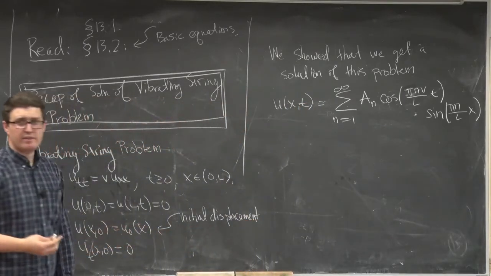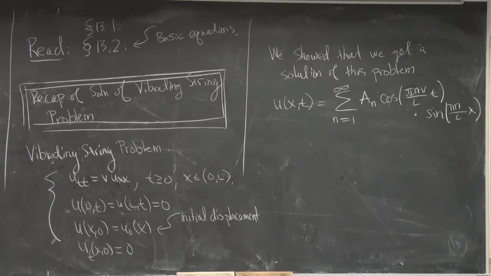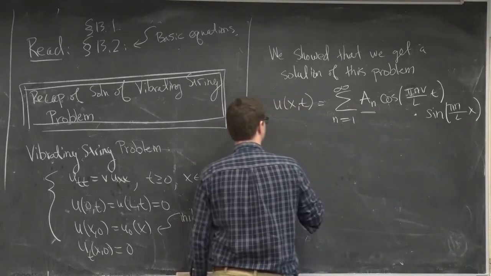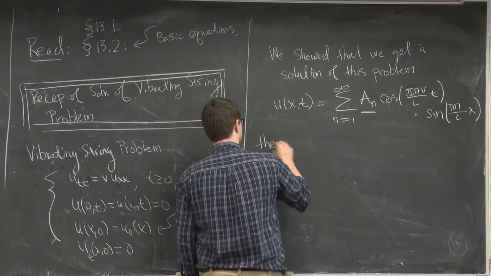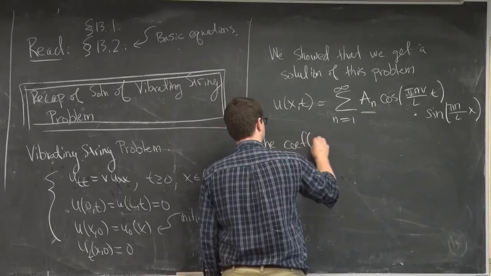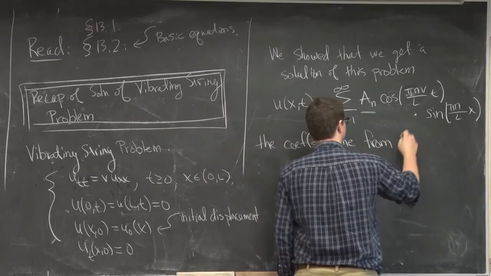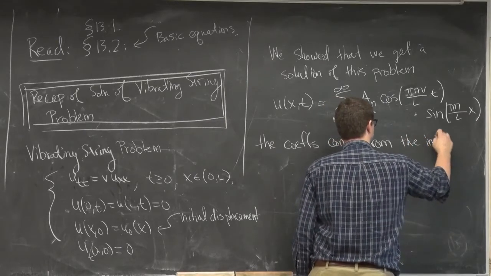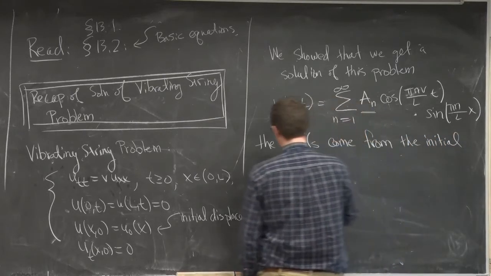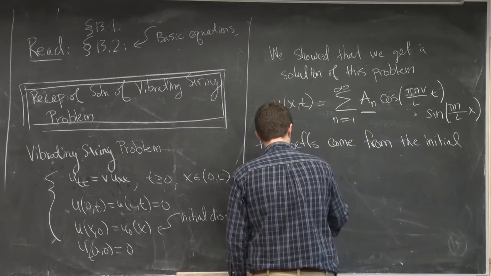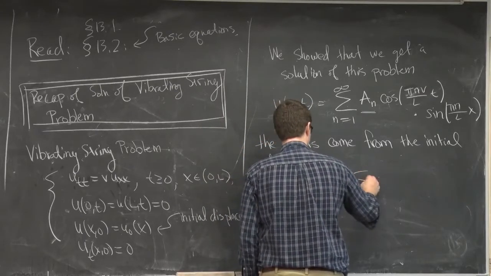And so we obtained the coefficients of this thing, these a_n's here. These coefficients come from the initial data. So we write u0 of x is equal to the sum.